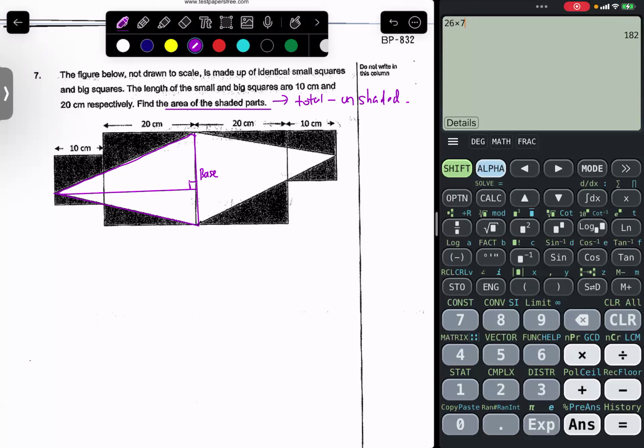And the other side is also the same thing. So that means the area of the unshaded triangle could be half times 20 times 30, which is 300 centimeters square. Now, so double it up. Two of it will be 600 centimeters square.